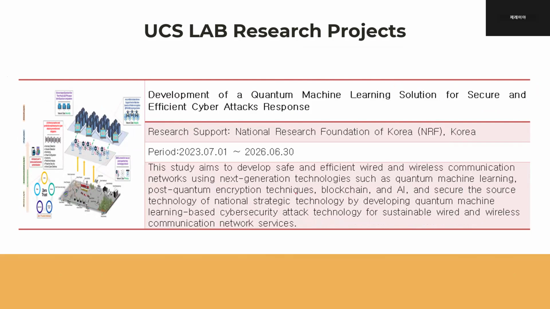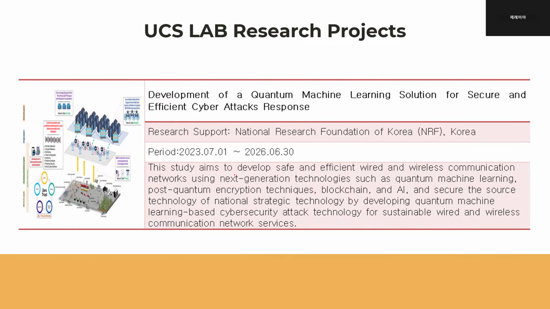Another ongoing project is the development of a quantum machine learning solution for secure and efficient cyber attack response. This one is also supported by the NRF Korea, and it spans from 2023 until June 2026.